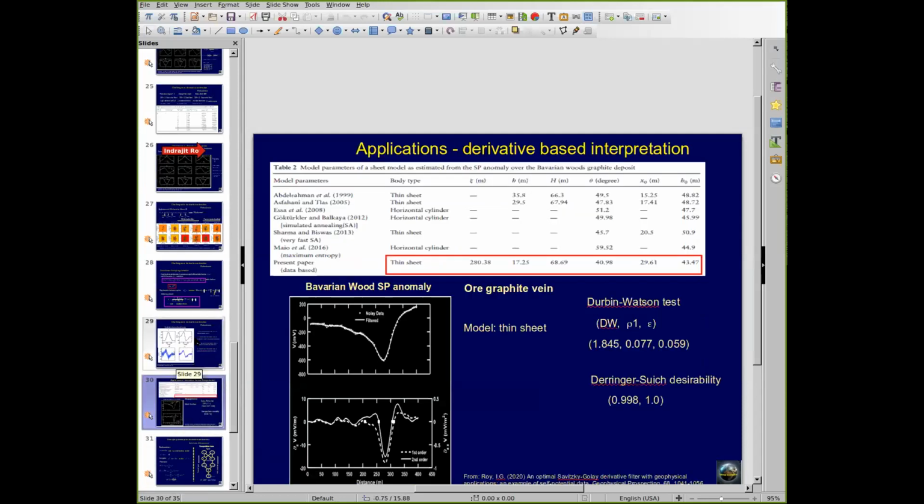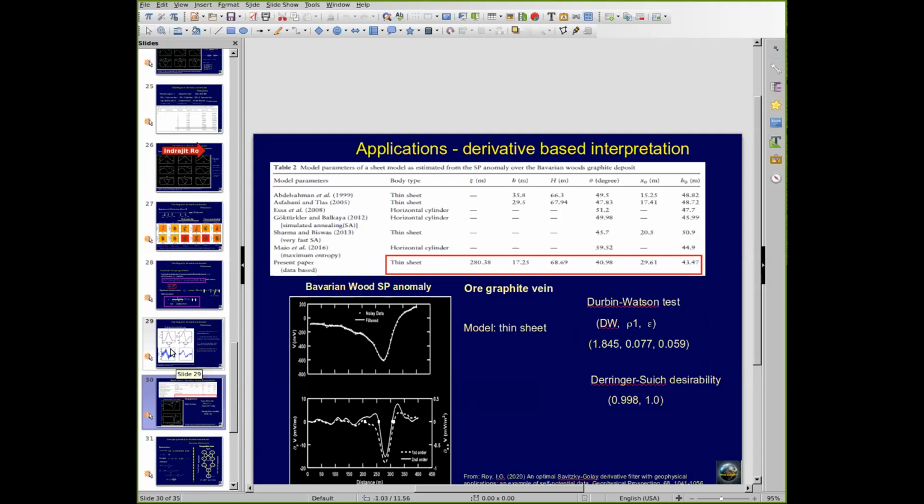So what we observe is that with some kind of filtering, like a derivative filter, or by regularization, you can bring in robustness while keeping the data fidelity intact.